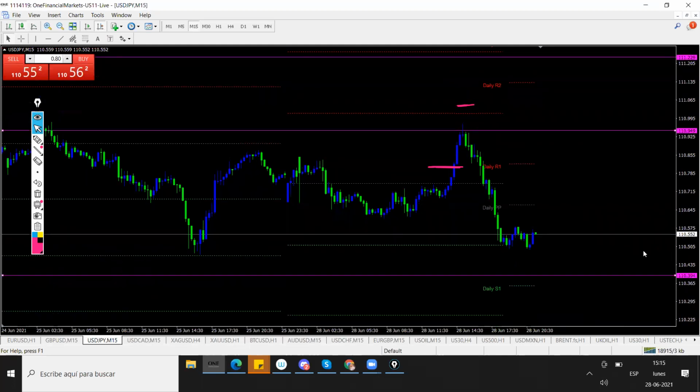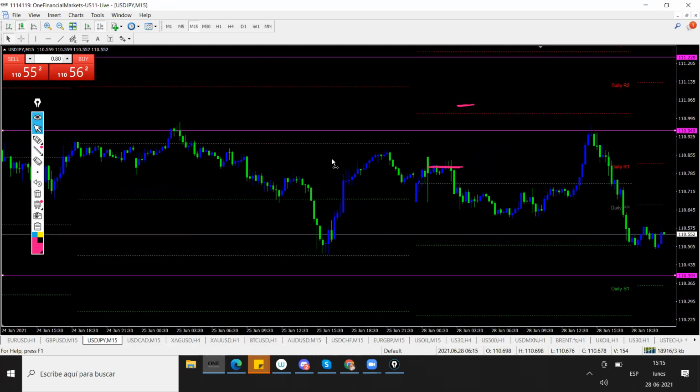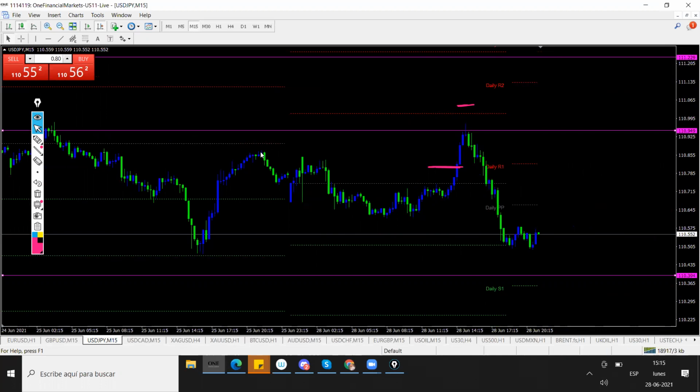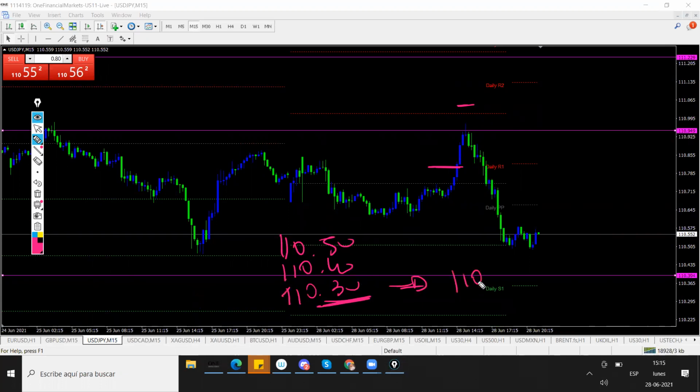So if I had to consider something now on dollar yen, I'm going to wait for the sellers. I'm going to sell below the 110.50 down to 110.40, 110.30. And I'm going to be careful here because buyers are going to be waiting between 110.30 and the 110.20.